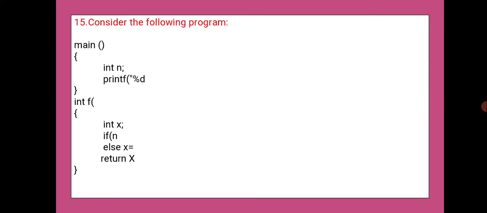Consider another program here. I have a function f which takes int n, and within the function int x. If n == 0, x = 0, else x = n + f(n-1); return x. In main, I am calling a printf by declaring int n, printing %d of f(5).